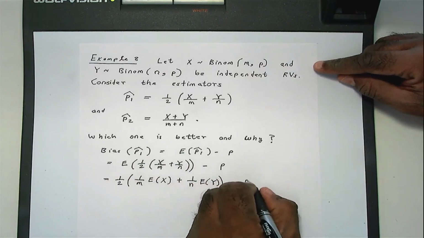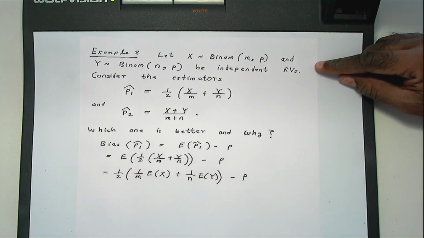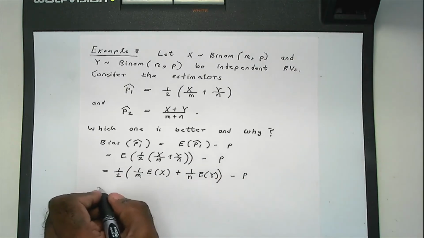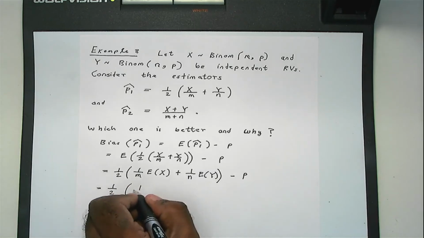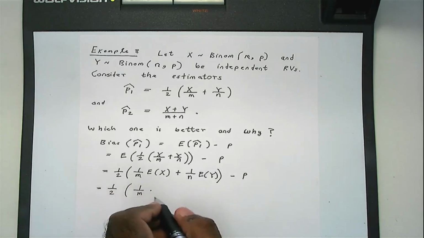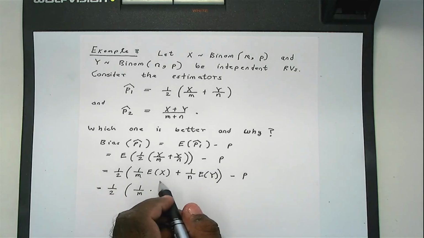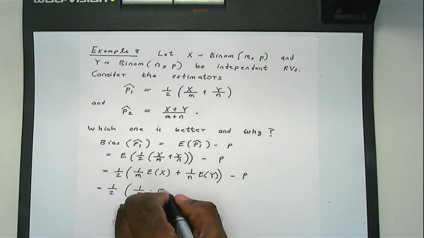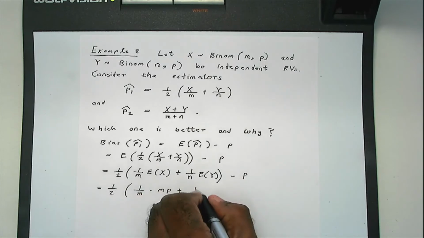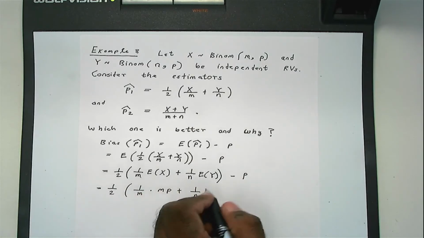Now, I'm sure all of you know the formula for the expectation of a binomial variable. Since x has this distribution, the expectation is m times p, and similarly the expectation of y is n times p.